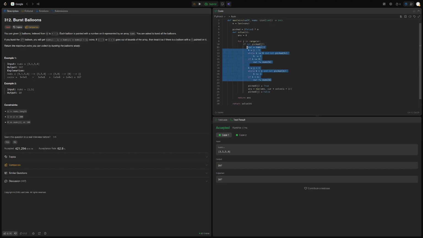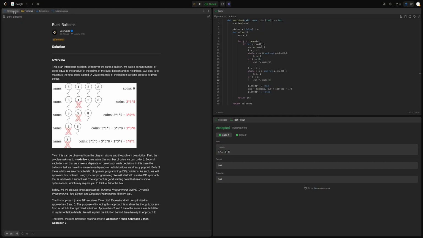I mean, technically we could do this in log time, but I have no clue, like absolutely zero clue on how to do this. Okay, that's fair. Maximize some value. Okay.